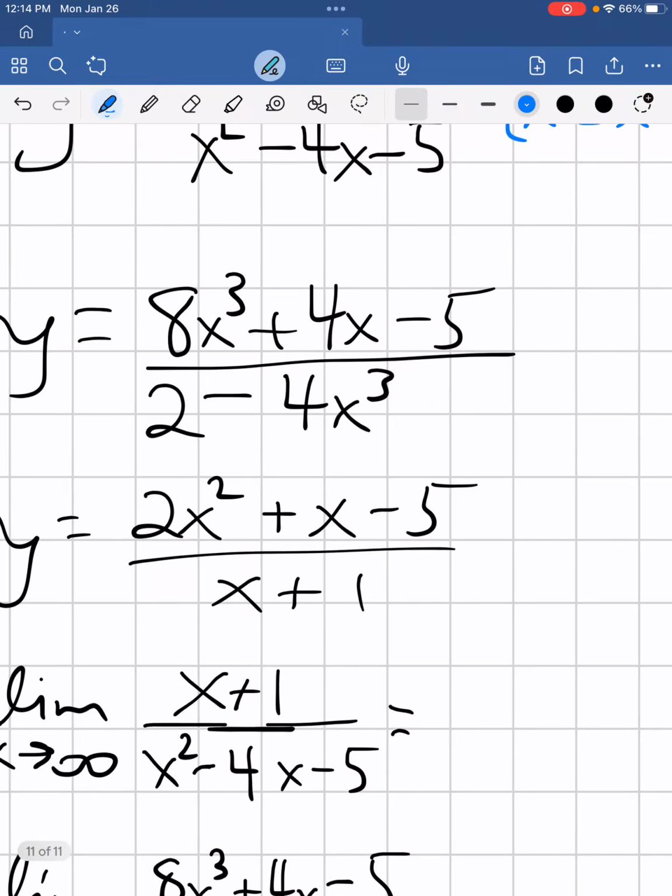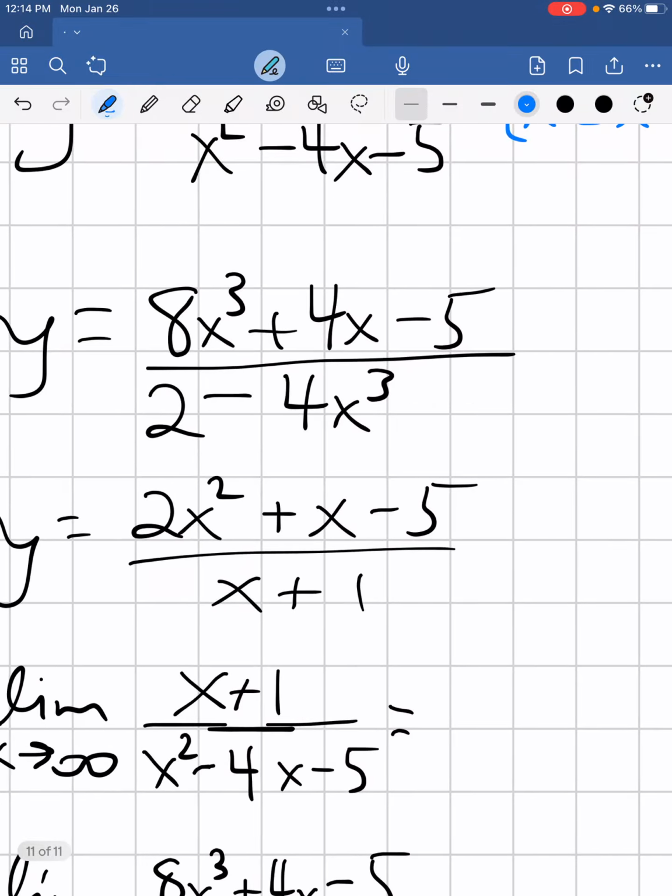So again, the vertical asymptote, I'm going to get anything that makes my denominator equal to 0. So that's going to be 2 minus 4x cubed equals 0. And then if I move the 4x cubed over, we get this equation. Divide both sides by 4, we get x cubed is equal to 2 over 4, which is the same thing as 1/2.